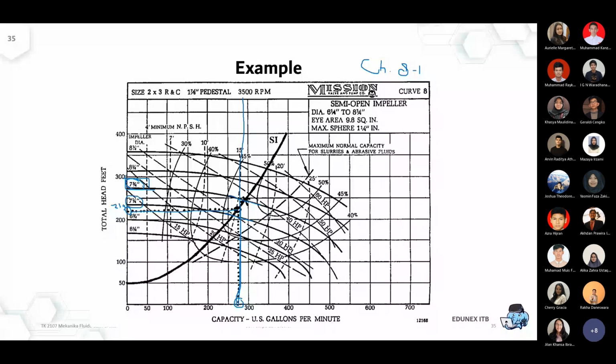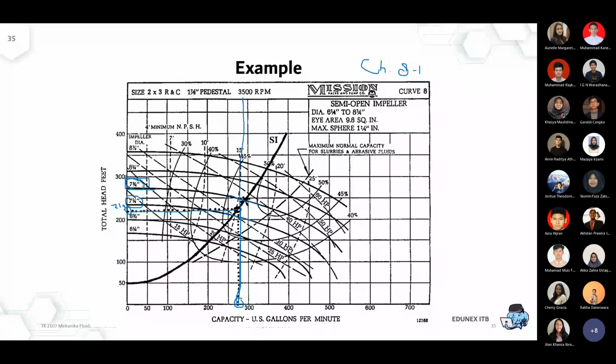In this case, the efficiency should be somewhere in the 48, 47-ish percent.